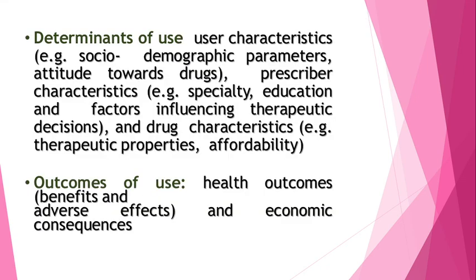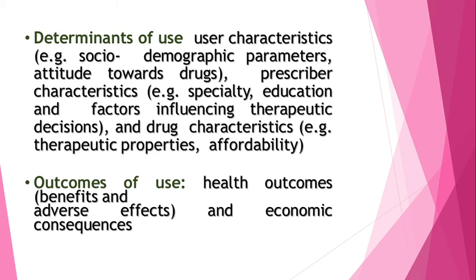It will also help to find out the determinants of use. There are many determinants which affect the use of the drug. User characteristics, for example, socio-demographic parameters, attitude towards the drug, and the characteristics of the prescriber, his specialty, education, and the different factors influencing his decision in prescribing that product.